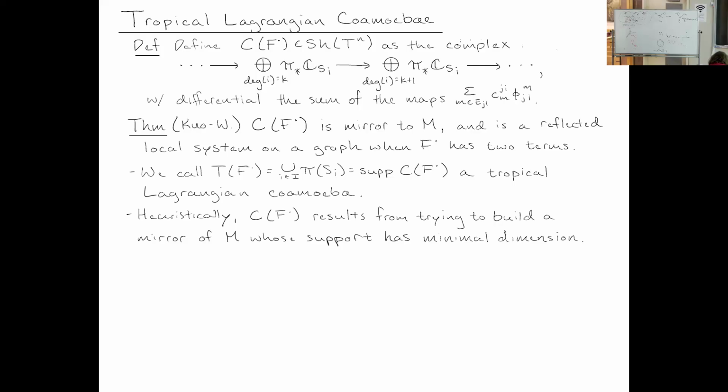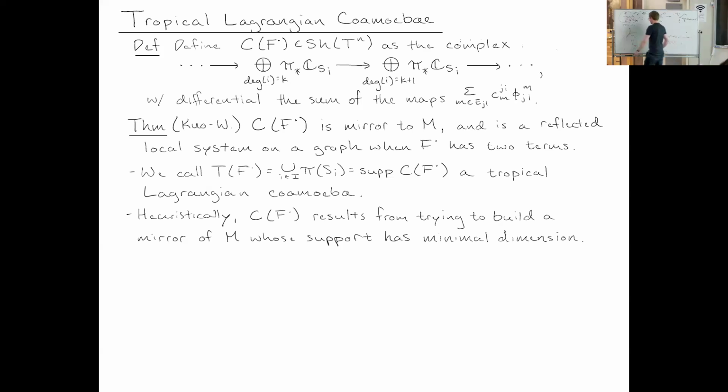The zero-dimensional things are skyscraper sheaves, and as we already said, their mirrors aren't free, they're just going to be copies of the structure sheaf. So the minimal dimension of the support of the mirror of M is some kind of interesting constraint on M.